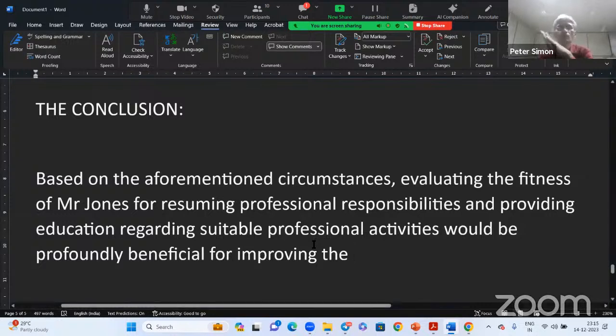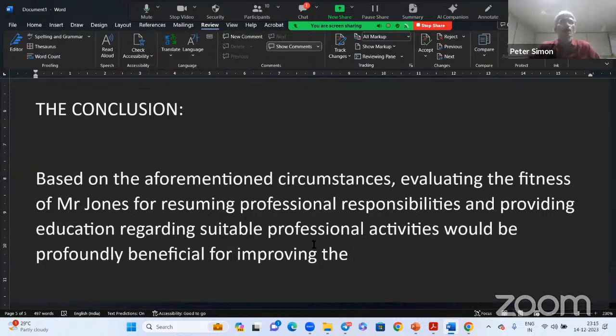Based on the aforementioned circumstances, evaluating the fitness of Mr. Jones for resuming professional responsibility and providing education regarding suitable professional activities would be profoundly beneficial to improve the condition of Mr. Barry Jones.